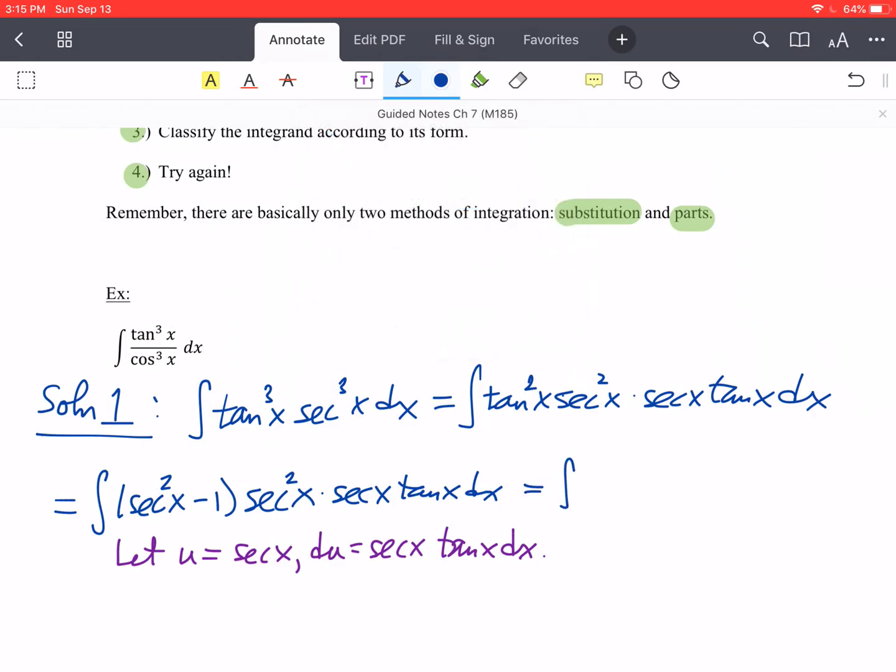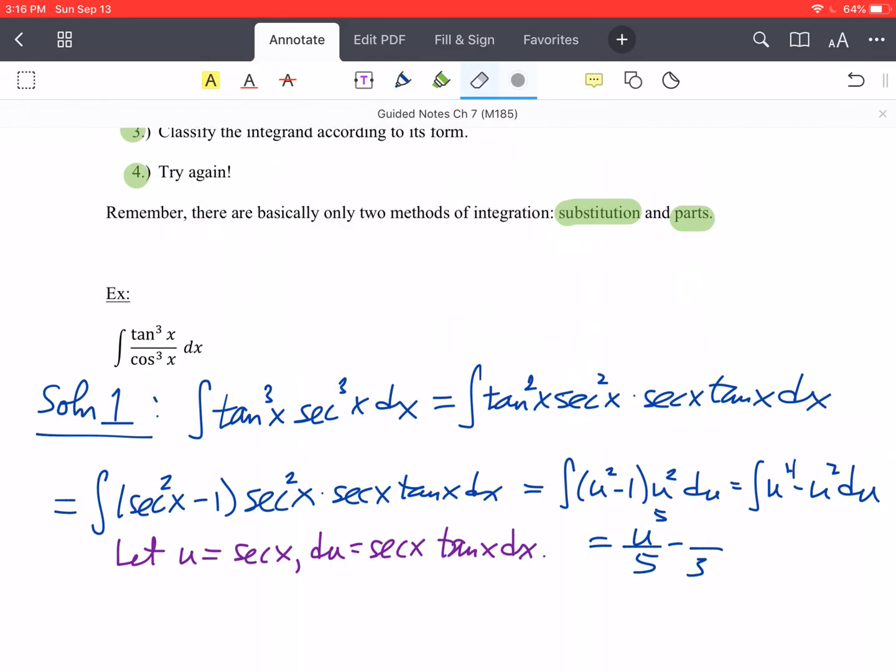This gives us the integral of u squared minus 1 times u squared du. So we get u to the 4th minus u squared du. That's u to the 5th over 5 minus u cubed over 3 plus c.